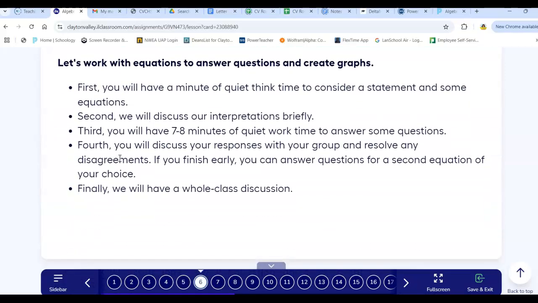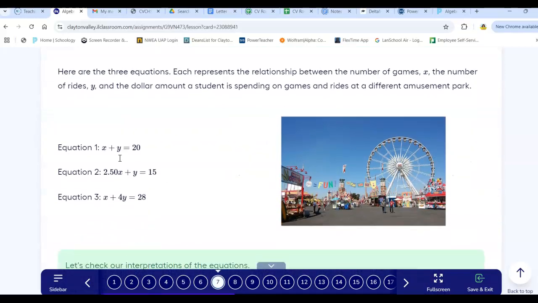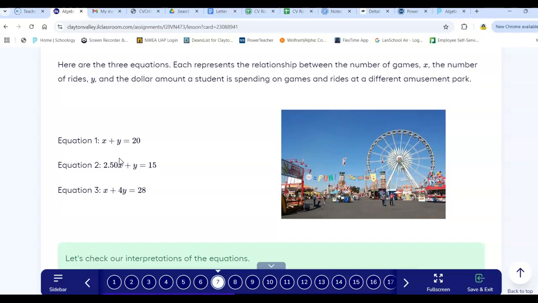So now let's move on to the first activity, all right? So once again, they're keeping the same situation. We're going to a carnival. Nice picture of a carnival there. And we have three different relationships between the numbers of games.